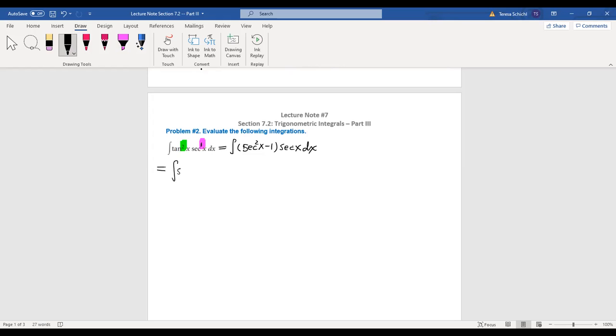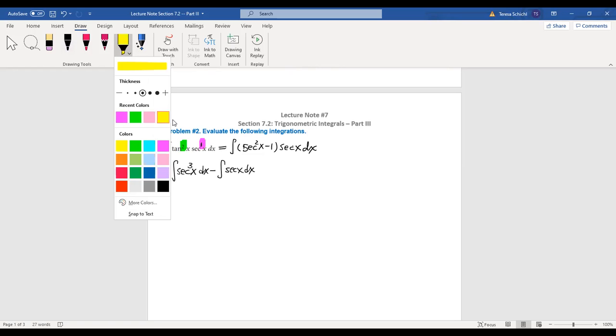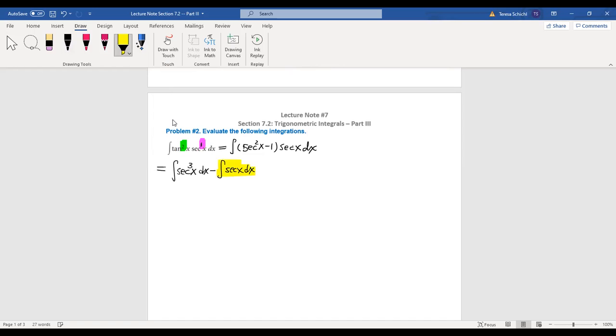So hey, this one is pretty good. This is secant cube x dx and minus secant x dx. Okay, so we already know from the beginning we derived this formula. So what is this one here? We already know that this is natural log of secant x plus tangent x.